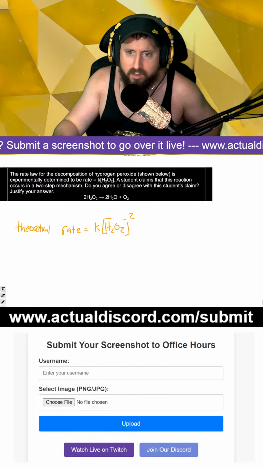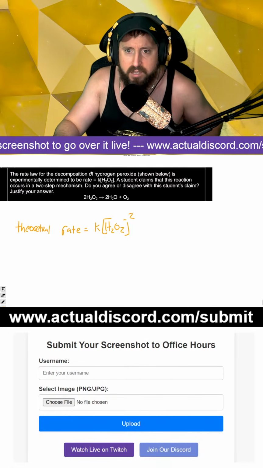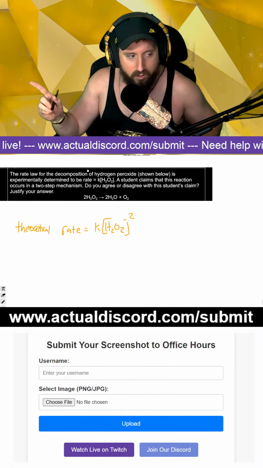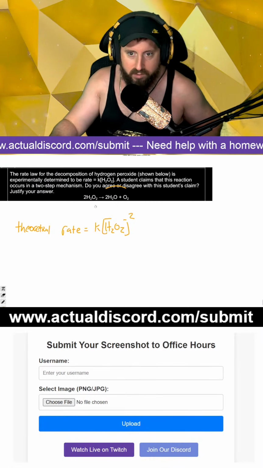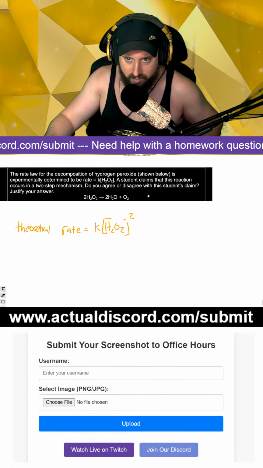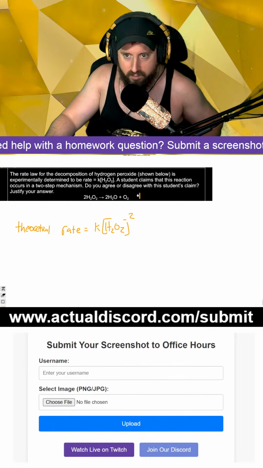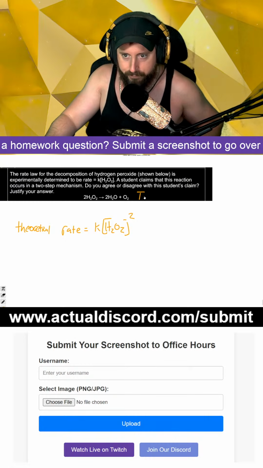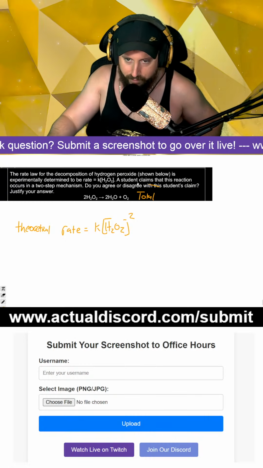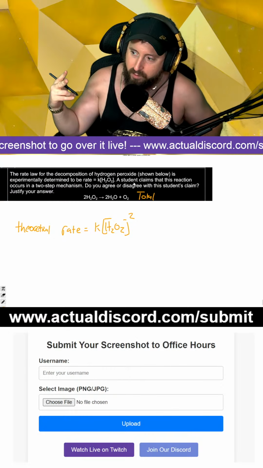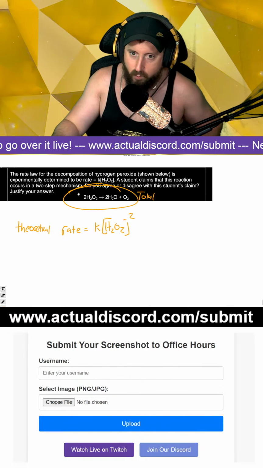So this is the decomposition of hydrogen peroxide. Okay, so we need to eventually turn H2O2 into this. This is what we would say is the total reaction. Okay, the steps would have to add up to this. So you can have 2 steps that would add up to equivalently what this is.